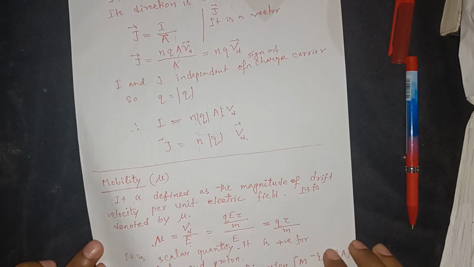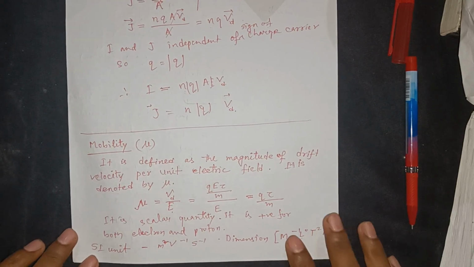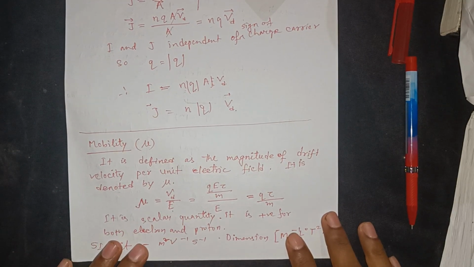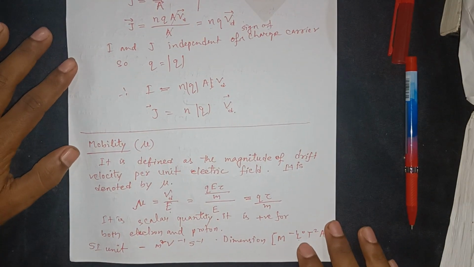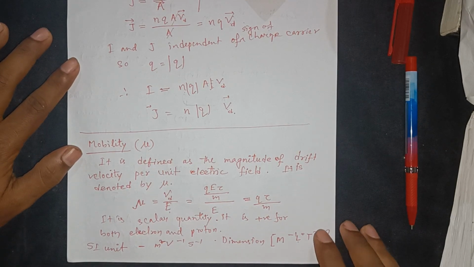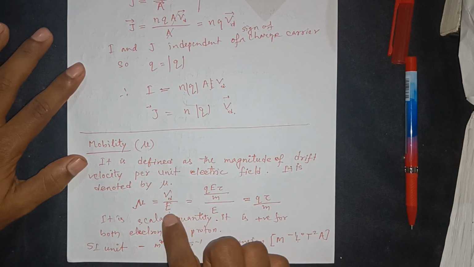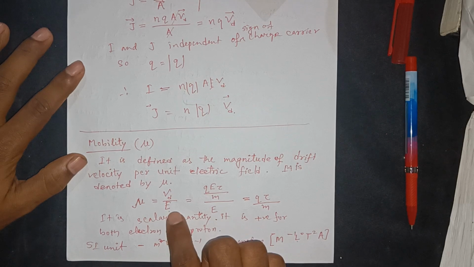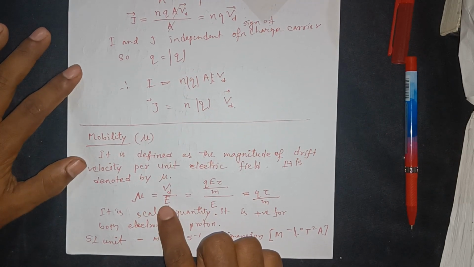Mobility. It is defined as the magnitude of drift velocity per unit electric field. It is denoted by mu. That is, the drift velocity divided by electric field gives you mobility mu.